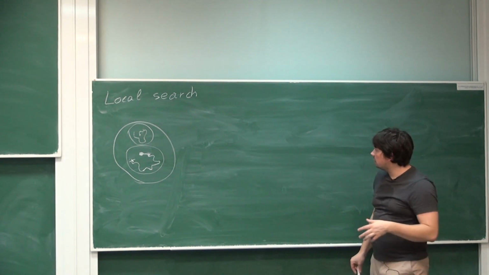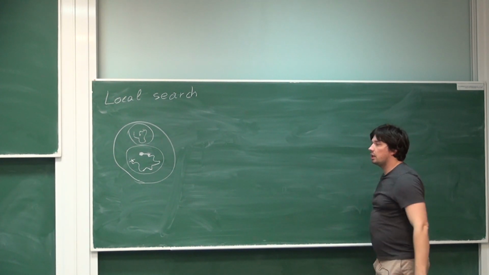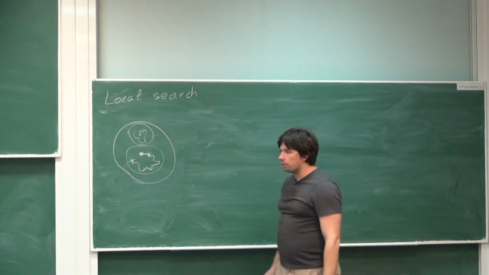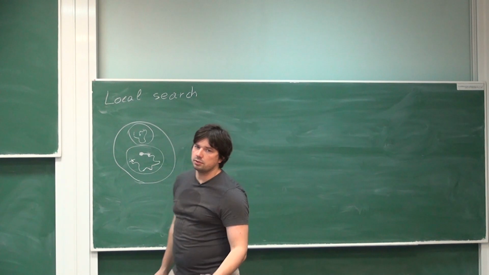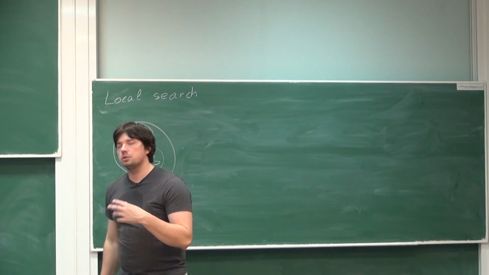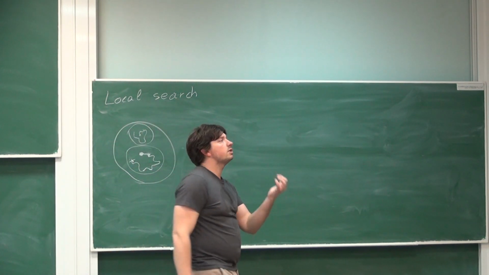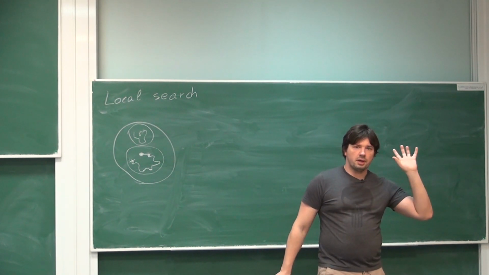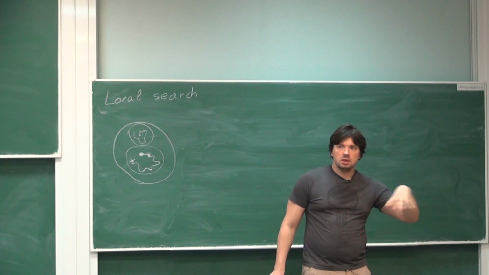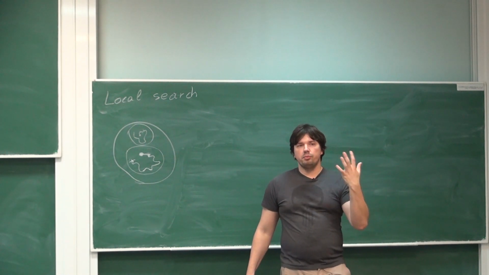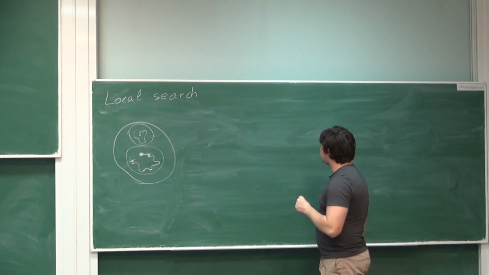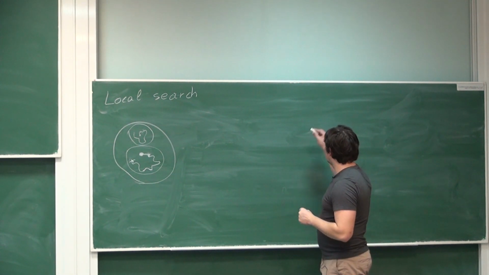So to do something like that, we first of all need to define what it means for two possible solutions, for two assignments of trues and falses to the variables, to be close to each other.